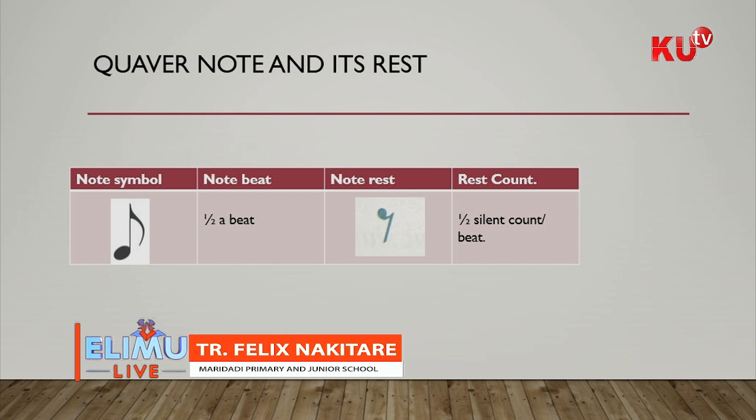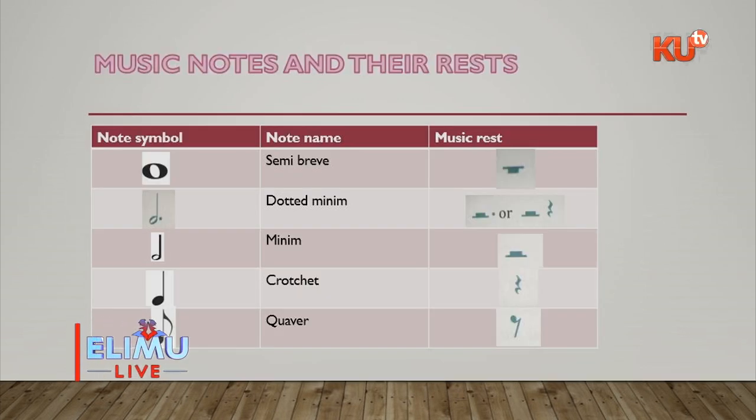It looks almost like 7 but tilted. That is the rest representing our quaver. Then finally, we have the rest which represents a dotted minim. You just draw the rest for a minim, then you place there your dot. It becomes the rest for our dotted minim, and it is equivalent to 3 silent beats.